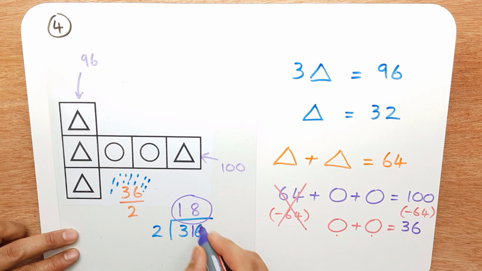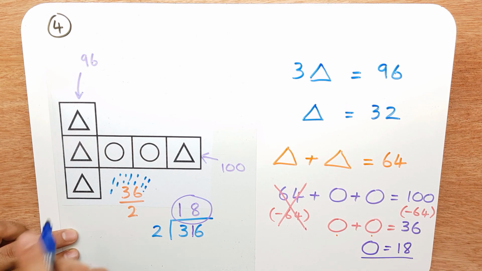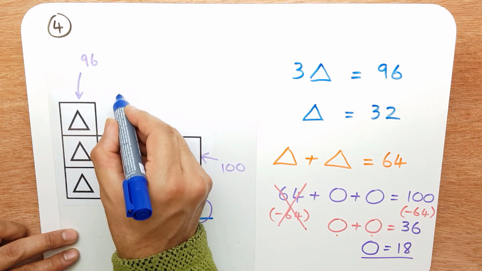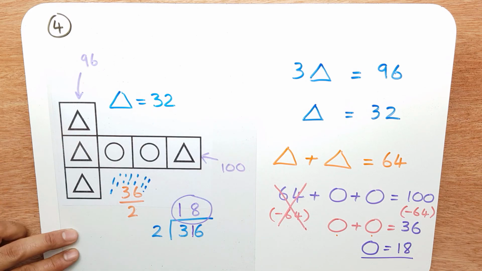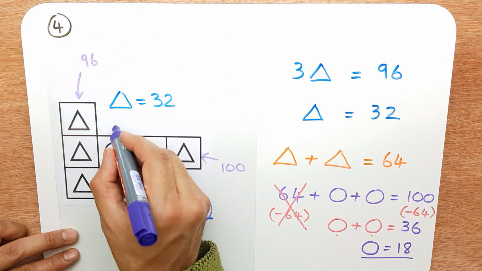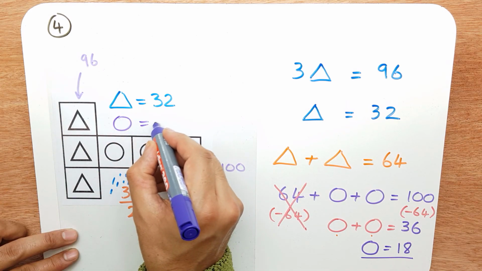So our answer is 18. So 2 circles equal 36. 1 circle will equal 18. So I can say that this triangle equals 32 and this circle equals 18.